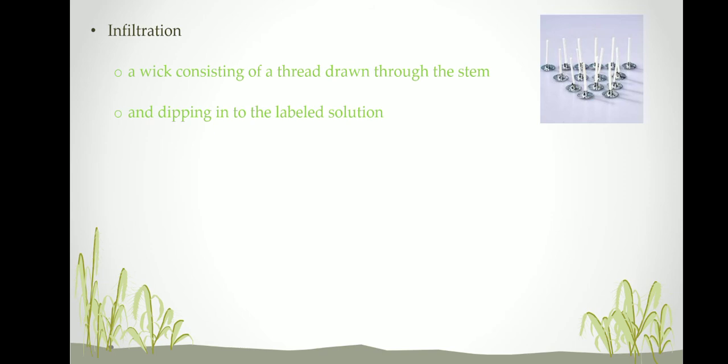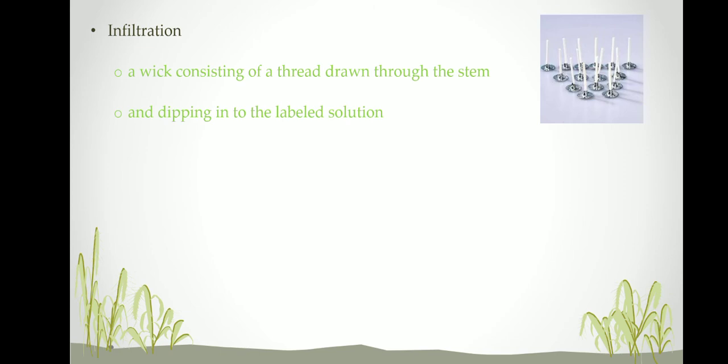And another method of infiltration is a flap can be cut in the stem and this dipped into the solution to be infiltrated. ഒരു ചെറിയ കട്ട് ഉണ്ടാക്കിയിട്ട് ഒരു ഫ്ലാപ്പ് പോലെ ഉണ്ടാക്കിയിട്ട് ആ ഫ്ലാപ്പിൻ്റെ എൻഡ് റേഡിയോ ആക്റ്റീവ് സൊല്യൂഷനിലേക്ക് ഡിപ്പ് ചെയ്യുക. അപ്പോൾ ത്രൂ ദാറ്റ് ഫ്ലാപ്പ് into the stem and then to any part of the plant. That is infiltration technique.